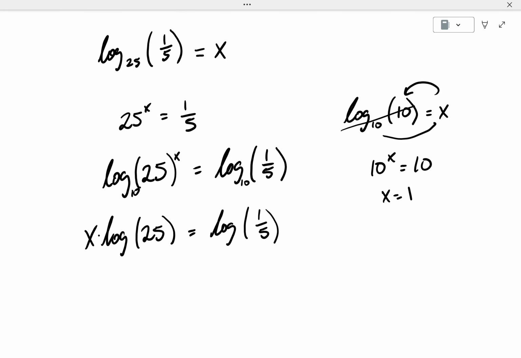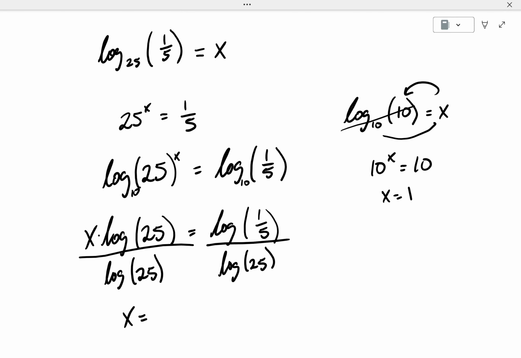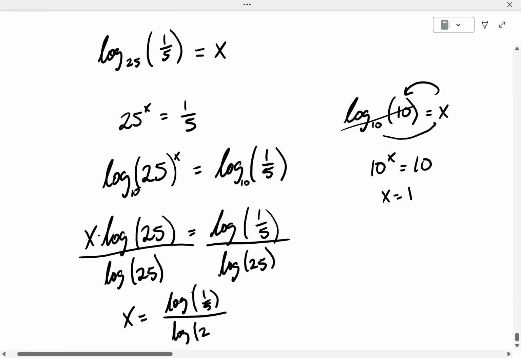Now our very last step in terms of solving algebraically is we divide by log 25 on both sides. And here you might want to use the Desmos scientific calculator. I think that's probably the best way to solve this. If you go to desmos.com/scientific, you can just type this in now, log 1/5 and log 25.